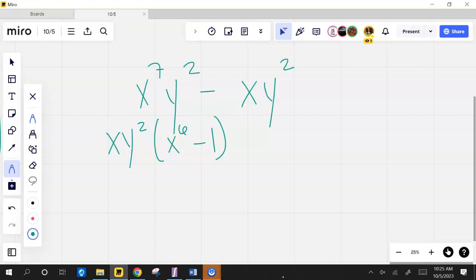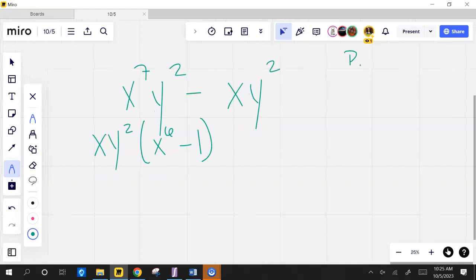Why? What is the definition of a perfect square? Times itself twice. What's the definition of a perfect cube? What times itself twice gives you x to the 6th? x cubed, x cubed.